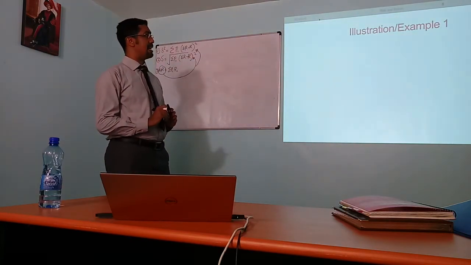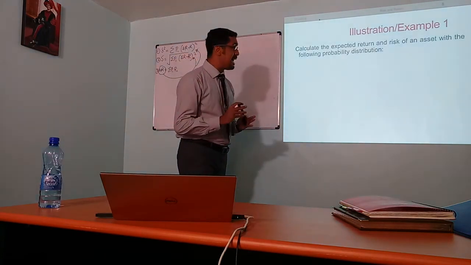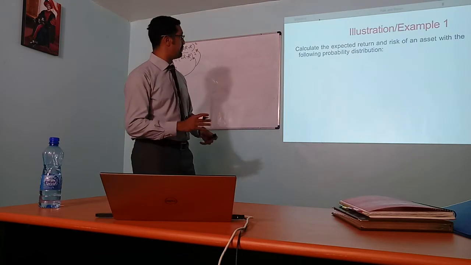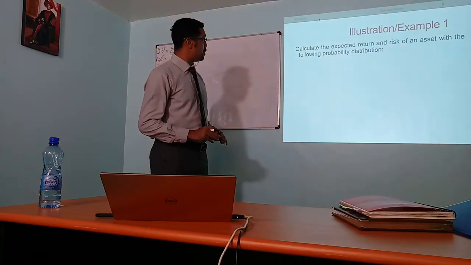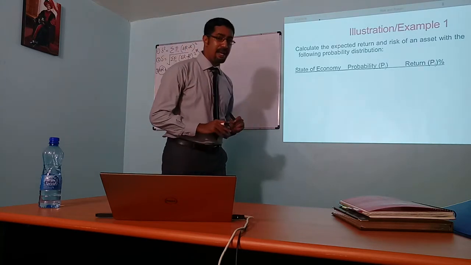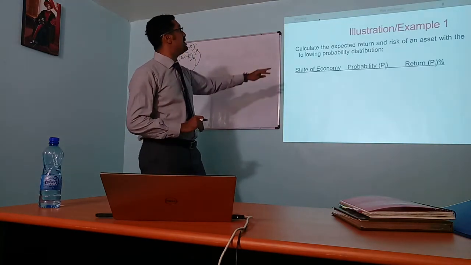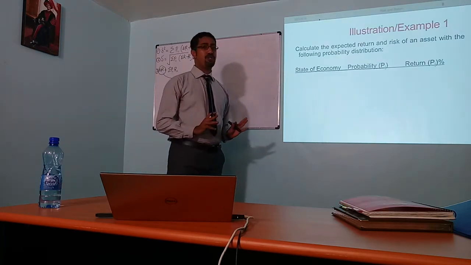We have an illustration there, and later on we are going to see an assignment question which you will attempt. The first question: calculate the expected return and risk of an asset with the following probability distribution.